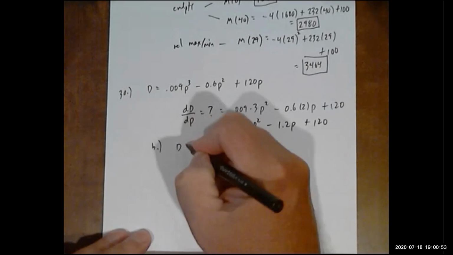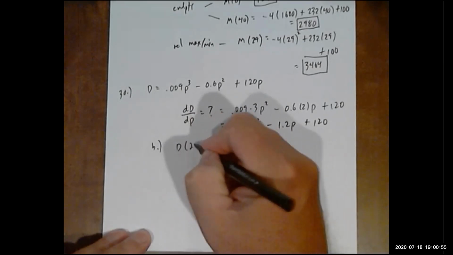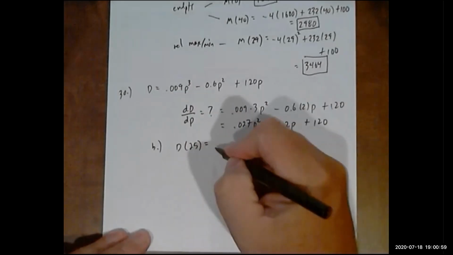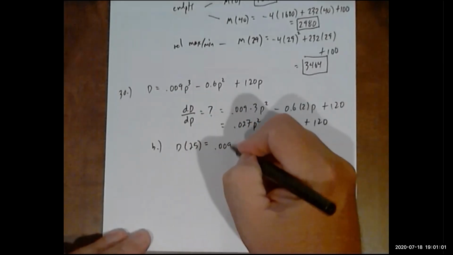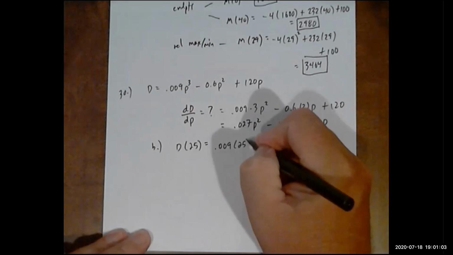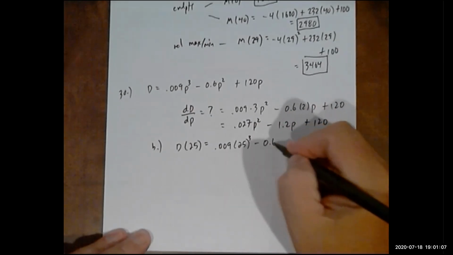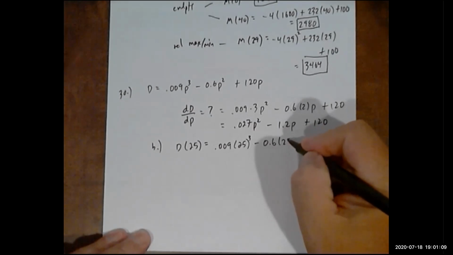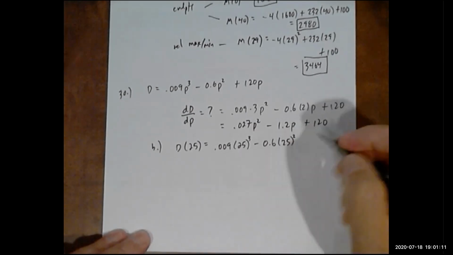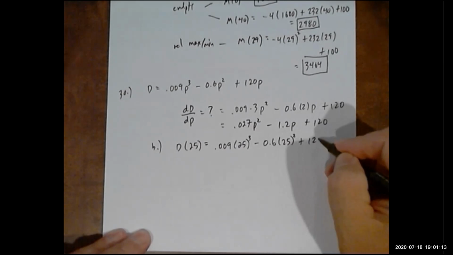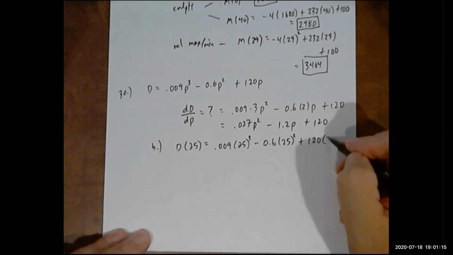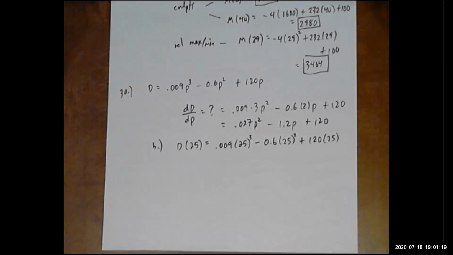So I'm really looking for 0.009 times 25 cubed minus 0.6 times 25 squared plus 120 times 25. Definitely a calculator kind of problem.